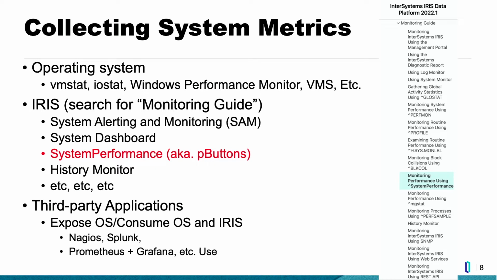If you were having some performance issues, you could run pButtons or System Performance over a certain period. It collates system things like vmstat and iostat in Linux, or, as you would have seen, perfmon in Windows, plus a whole lot of Cache statistics and a few other things. But why it's good for me is because I can just ask a customer to send that to me, and then I can start to look at their system resources, and we'll look at that.